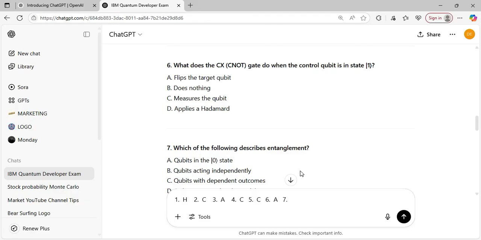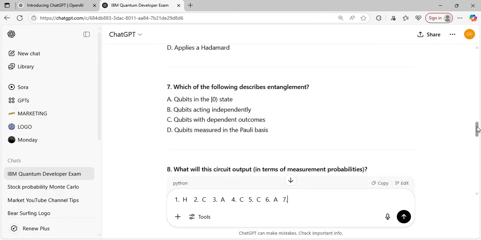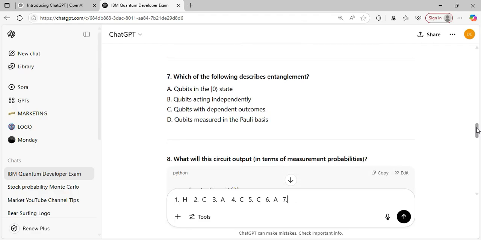Number 7: which of the following describes entanglement? Qubits in the zero state, qubits acting independently, qubits with dependent outcomes, or qubits measured in the Pauli basis. It's not qubits in the zero state.